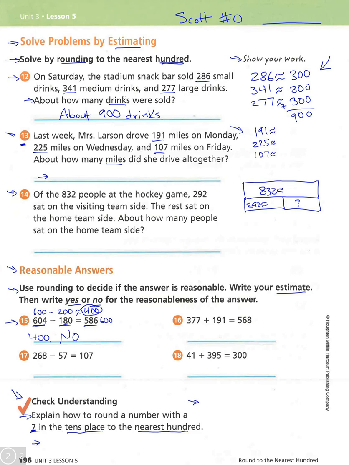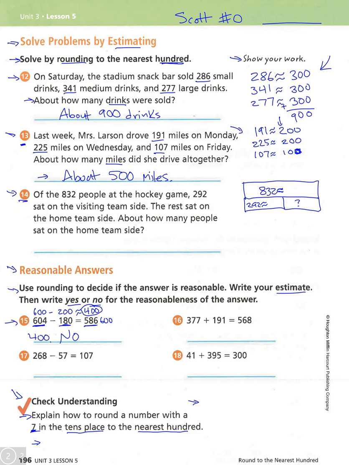So 191 when I round it becomes 200. 225 when I round it stays at 200, and then 107 becomes 100. So you could really see pretty quickly, all we have to do is add up the digits in the hundreds place. 2, 2, and 1. 2 plus 2 is 4, plus 1. So about how many miles? About 500 miles.